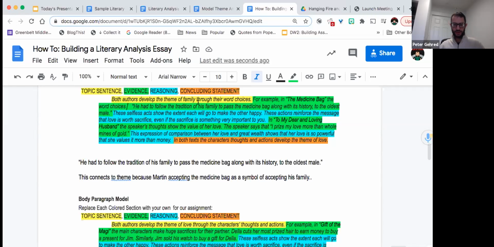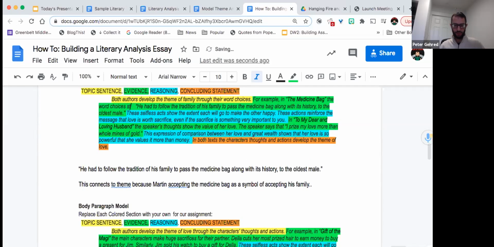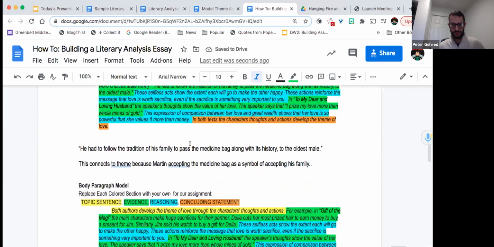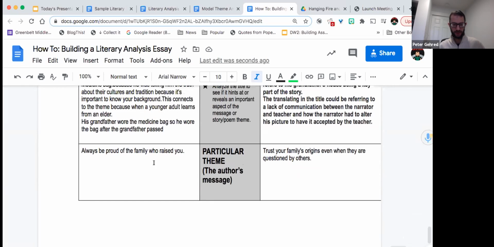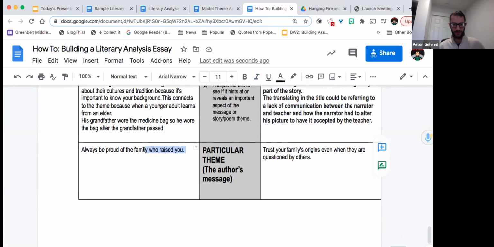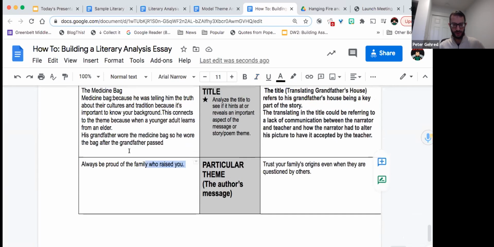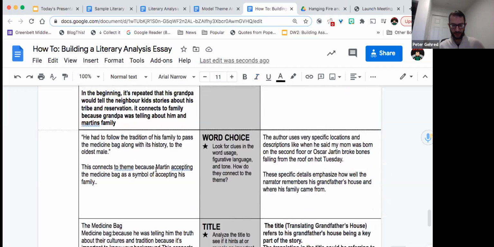So the word choices emphasize, state, whatever you want to do, and this is where it can be helpful to look at your specific theme. The specific theme we have is always be proud of the family who raised you. This sense of coming down through the generations, who raised you, and then we want pride in here.